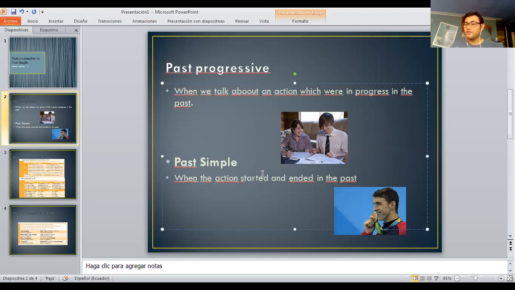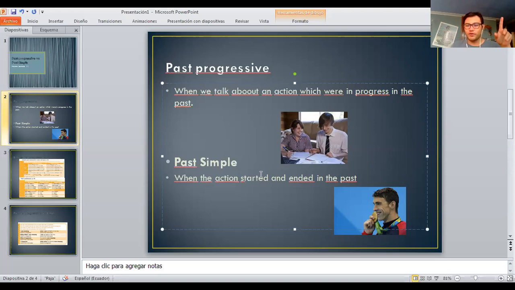If you resolve a mathematics exercise, it is going to take some time, maybe 30 minutes, 40 minutes, 1 hour. It depends on the exercise too. But that's the focus in this part: to differentiate the use of past progressive and the use of past simple.